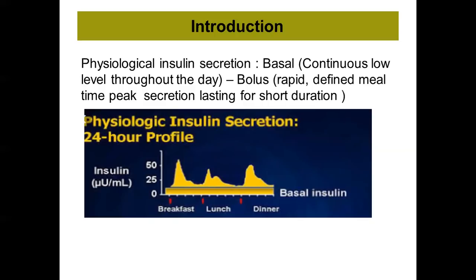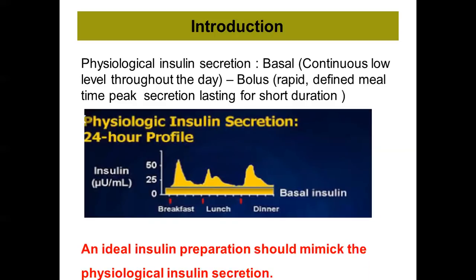Now why is it important when we are discussing insulin preparations? This is because any ideal insulin preparation should be able to mimic the physiological insulin secretion. I told you in the previous section that one of the pharmacological modalities of treatment for diabetes is insulin. For example, if we are using an insulin preparation to mimic the basal secretion, it should have a continuous action, a low level of insulin, and it should act throughout the day.